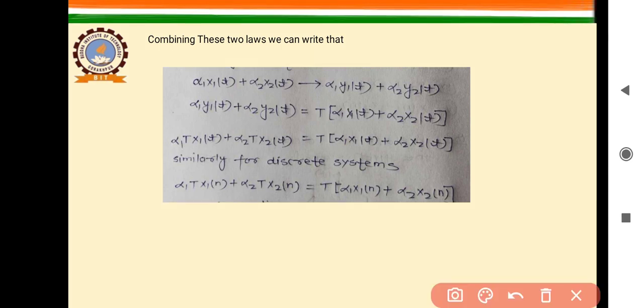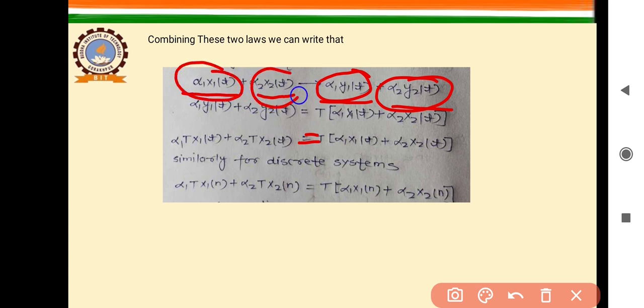It is given here that if alpha1 x1(t) is given to the system and alpha2 x2(t) is given to the system, then its output should be alpha1 y1(t) plus alpha2 y2(t). We can write alpha1 y1(t) plus alpha2 y2(t) as equal to the transformation of alpha1 x1(t) plus alpha2 x2(t).